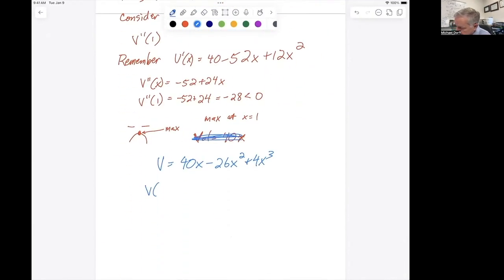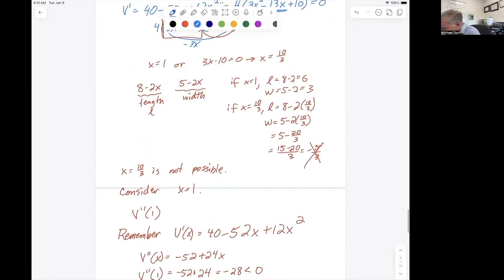So volume when x is 1 would be 40 times 1 minus 26 times 1 squared plus 4 times 1 cubed. So that's 40 minus 26 plus 4. That's going to be 44 minus 26, which is going to be then 18.